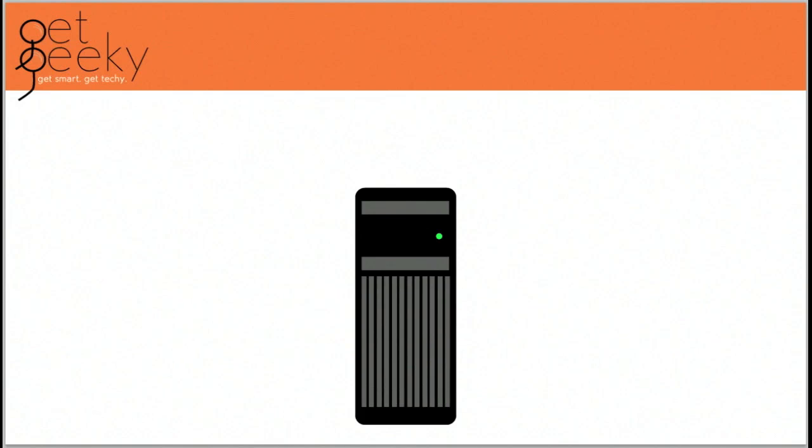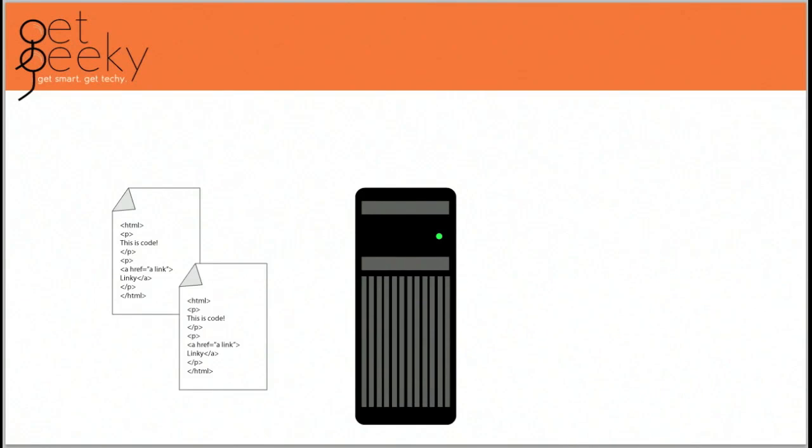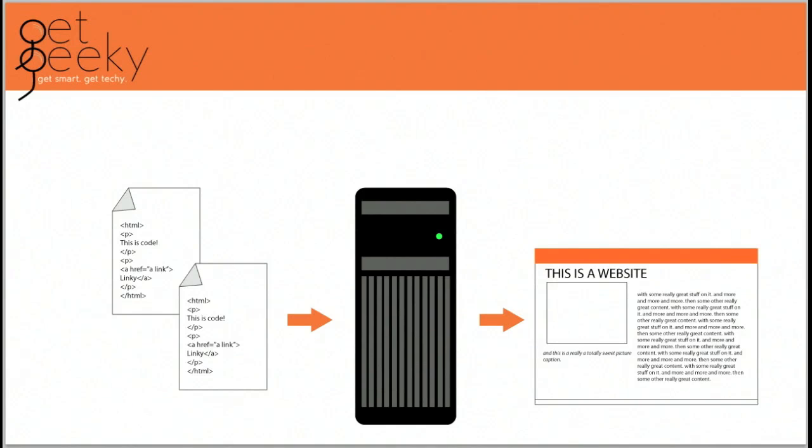Okay, and here we have the server again, and just to reiterate how this is all going to work. First you're going to have some code, some files here, and then they're going to get pushed to the server, and then out on the other end you are going to have your fabulous website.